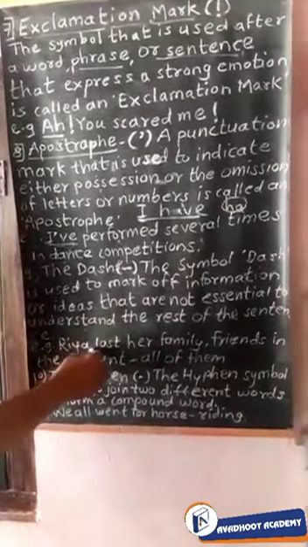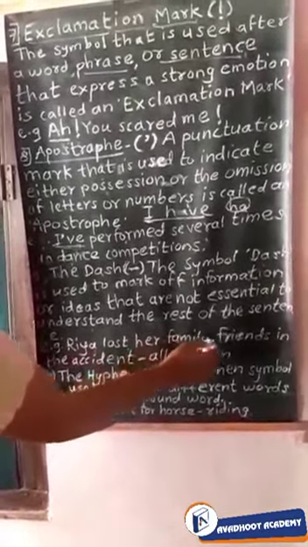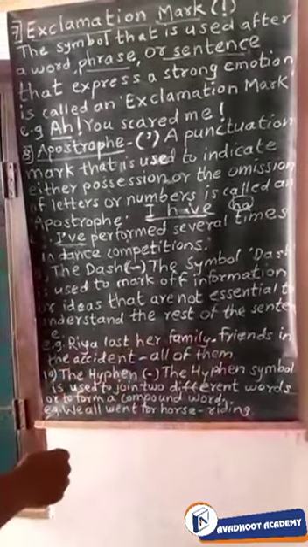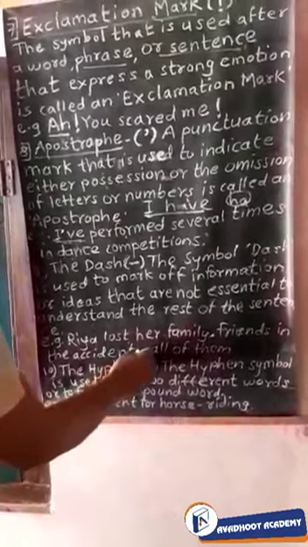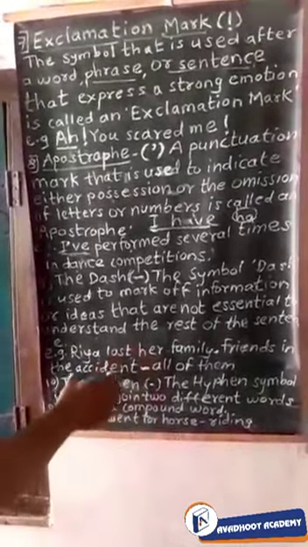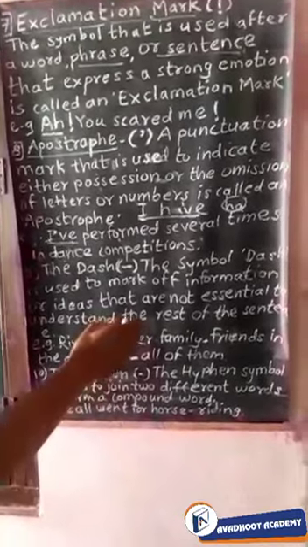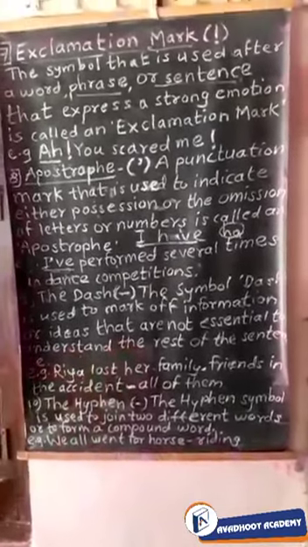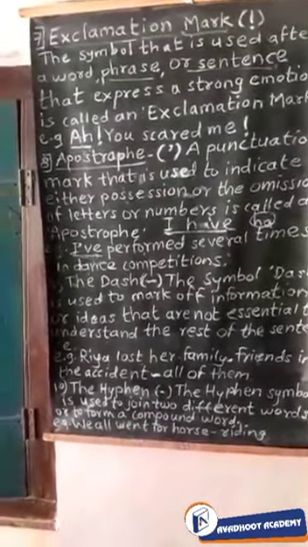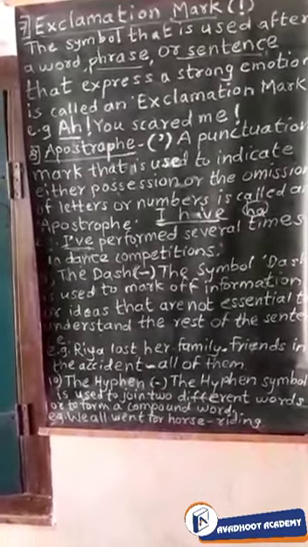For example, "Ria lost her family, friends in the incident – all of them." What does it show? It shows information or ideas that are not essential to understand the rest of the sentence; before that there is a dash.